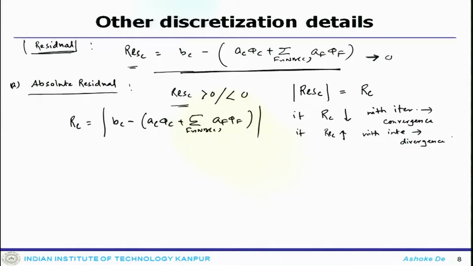So, the convergence or divergence of the system is dictated by this absolute residual. Theoretically, when you reach convergence, this R C should tend to 0, and only then is it guaranteed that you are getting a solution which is close to the converged solution or the actual solution.